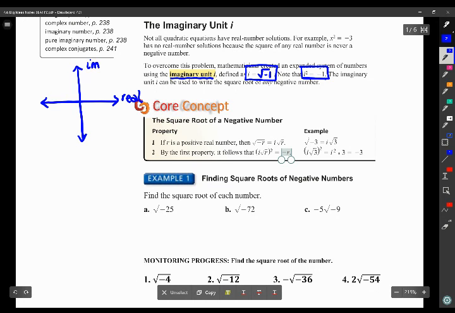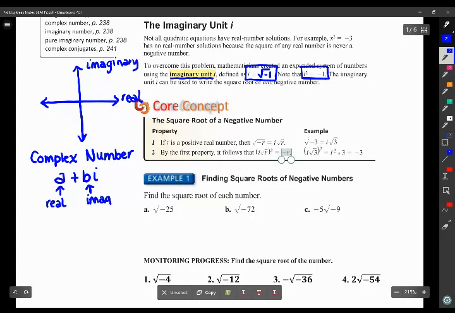And together, they make a complex number. The general form of a complex number is a + bi, where a is the real part, and bi is our imaginary part. And you would graph that just as if it was a point.